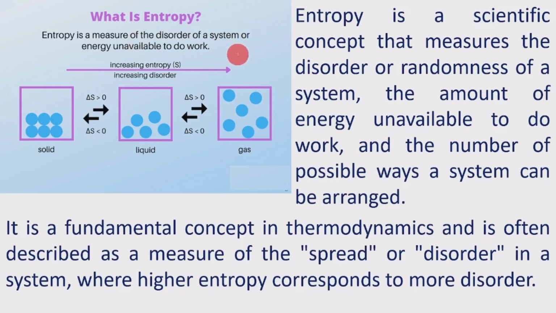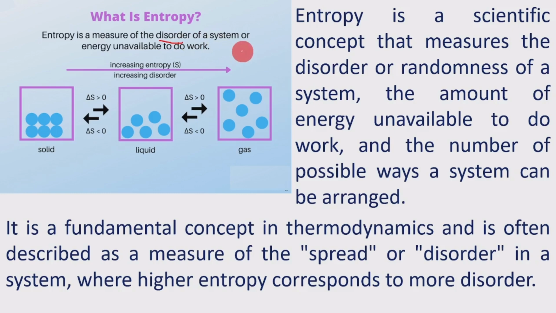Entropy is a measure of the disorder of a system or energy unavailable to do work. Here, the disorder of the system means how the molecules are arranged. If they are orderly arranged, then the entropy is less. If the disorderness increases, then the entropy will be more.